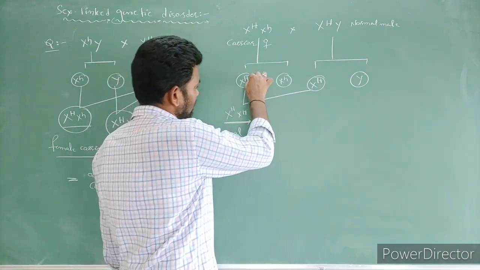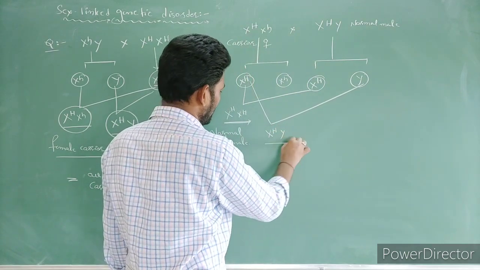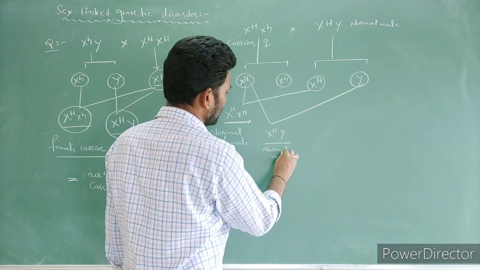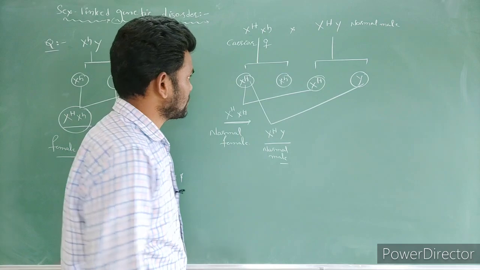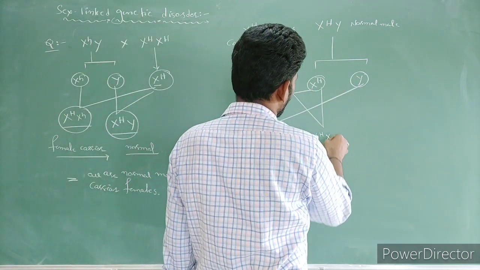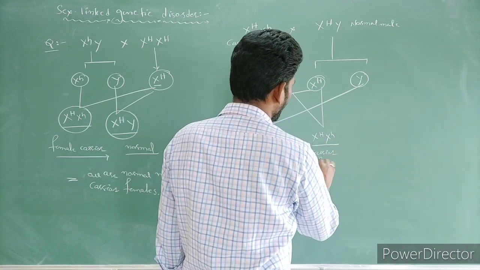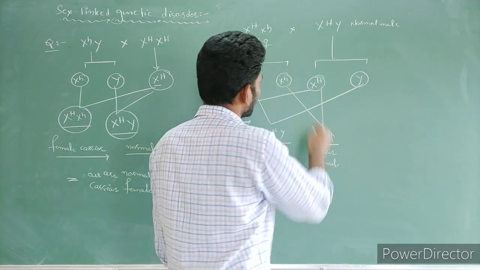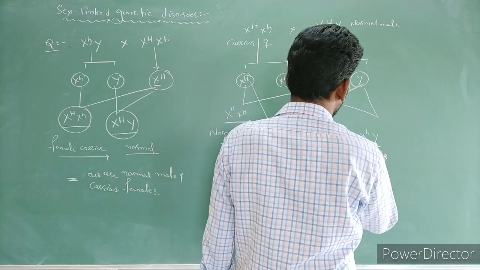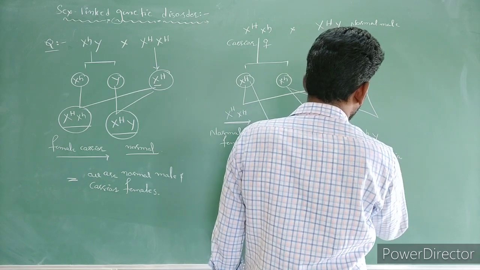Next, X H and Y, it is also a normal male. Next, X H and X small h, it is a carrier female, and the last individual is X small h and Y. So this is a hemophilic male.